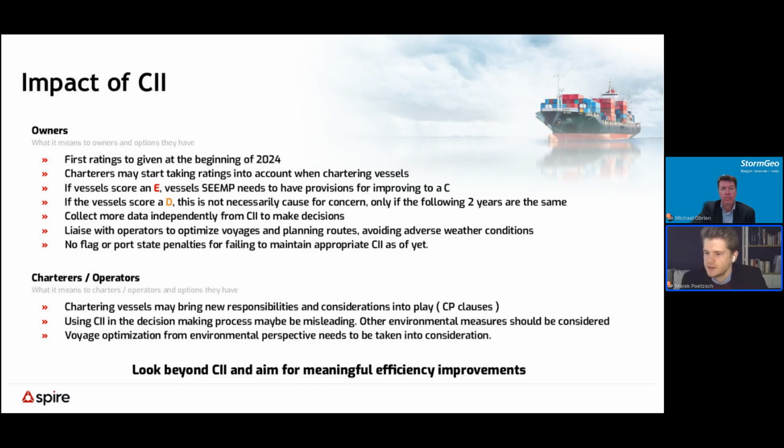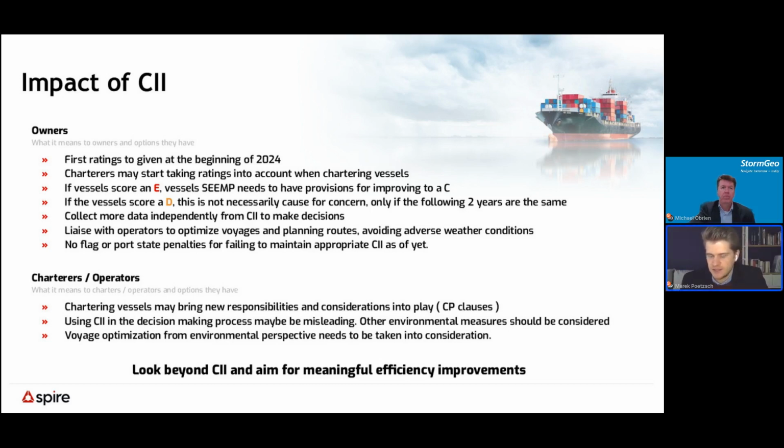In negotiations with the owners, charter parties might now or in the future include clauses that have some expectations or limitations on the CII itself. One of the first ones, which I will get back to, is BIMCO, who have already announced a time charter clause.